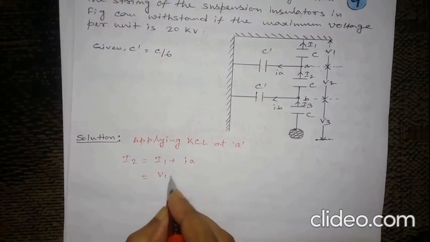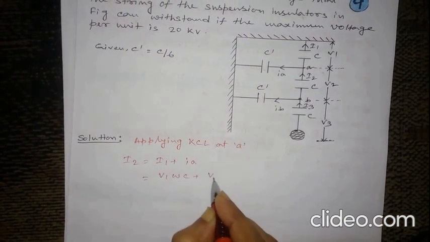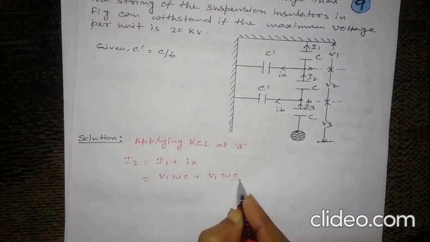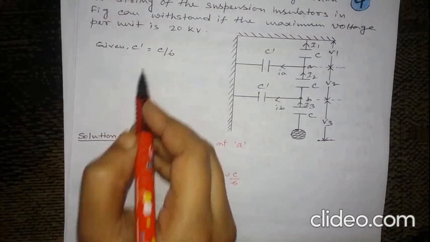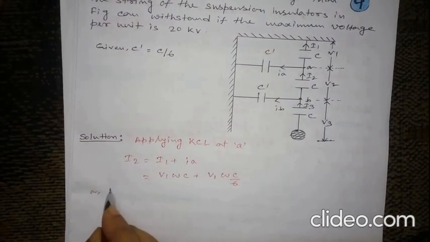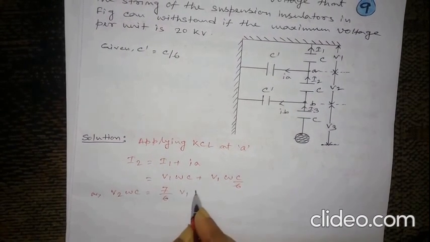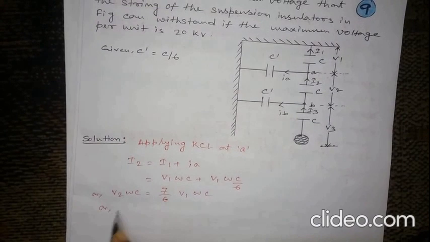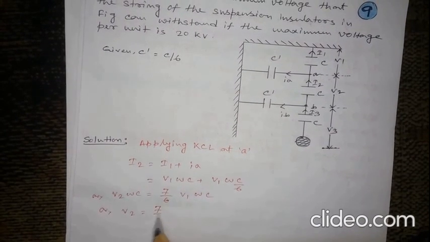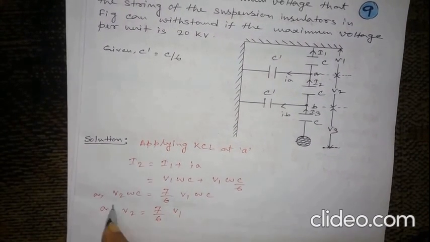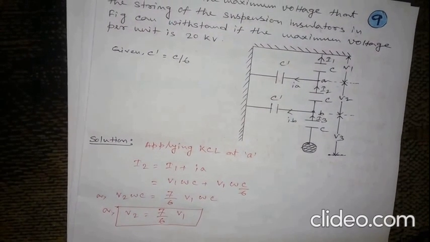So we can write V2 omega C equal to V1 omega C plus V1 omega C by 6, as C dash is equal to C by 6. Or V2 omega C equal to 7 by 6 V1 omega C. Or V2 equal to 7 by 6 V1.